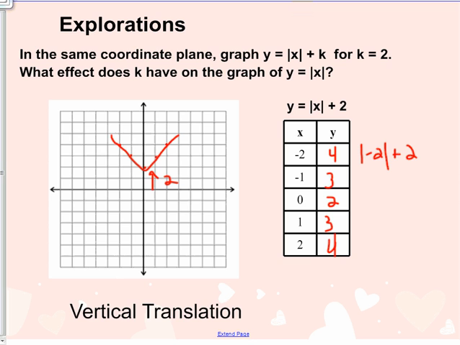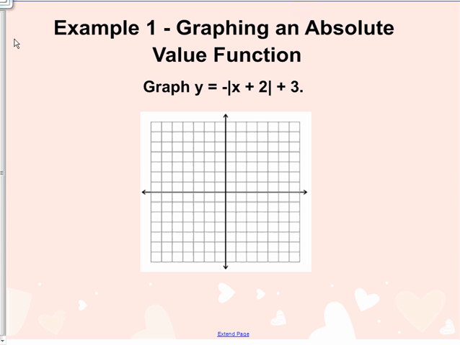So what we can do then is look at how to graph this particular equation using those two rules. Right away, and you learned this last chapter, when we have this negative sign, that means that instead of my V looking like this, my V is going to go upside down.